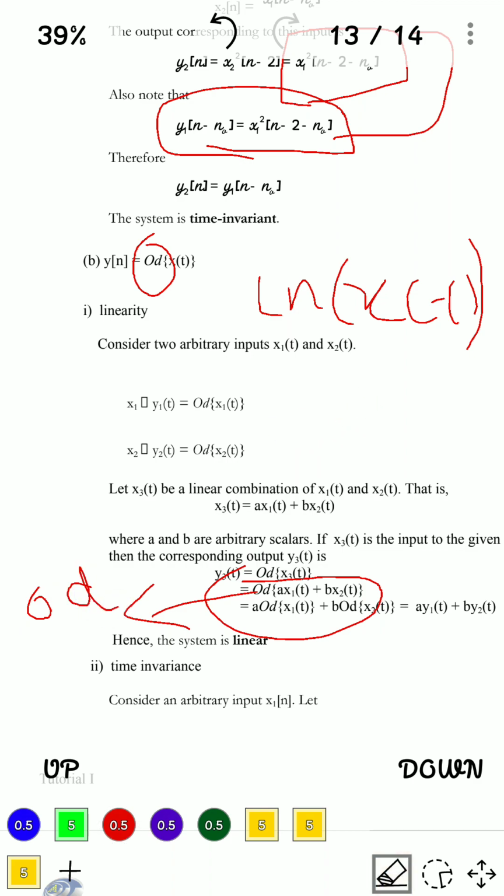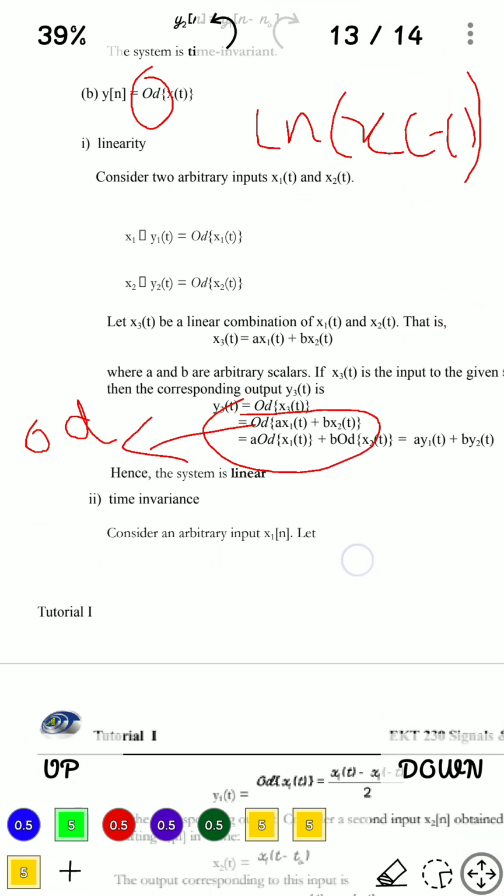So as this is getting multiplied, you get a into OD of x1 of t plus b into OD of x2 of t, wherein you get the same, that is, the A transformation of x1 of t and B transformation of x2 of t. Therefore you can say that it is a linear system.